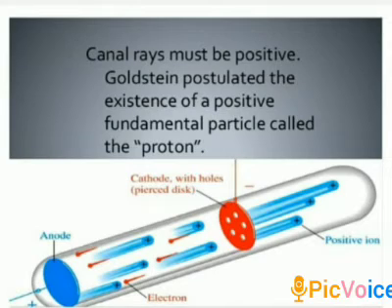Then high electrical voltage is applied to hydrogen gas and the electrical energy removes the electrons from the hydrogen atoms. After the removal of the negatively charged electron from a hydrogen atom, a positively charged particle called proton is formed. These fast moving protons form the anode rays.